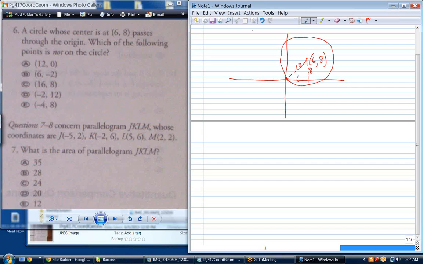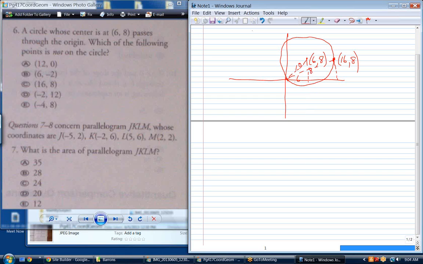Well, notice that 16 is only 10 away from 6. So the point 16, 8 would be on that circle. We could test it by drawing its right triangle, but we don't know this dimension.